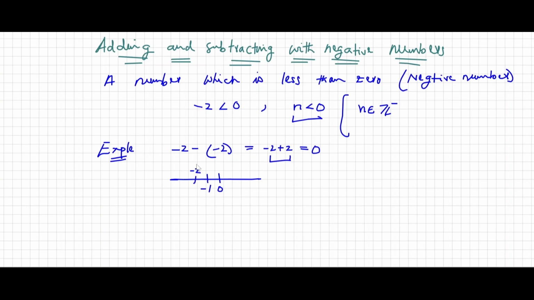We are moving towards the right side, two steps. First we come to -1, then we come to 0, and that's the stop. So when we subtract a negative number, it's like adding a positive number. So here it becomes +2.